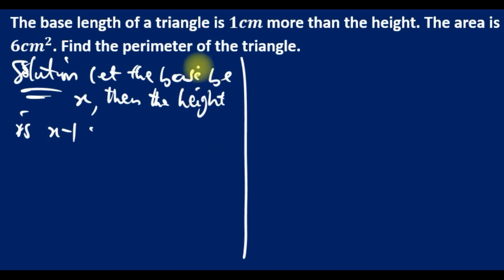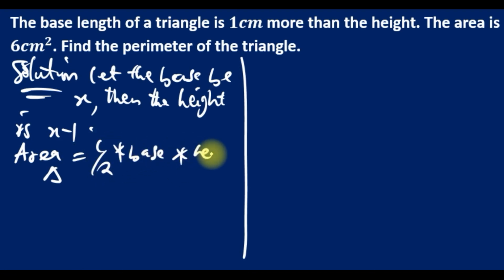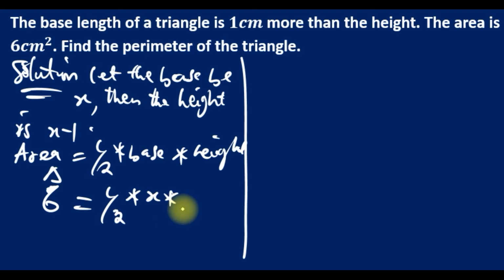Remember, the area of a triangle is half base times height. So we substitute. They gave us the area is 6, half, the base is x, the height is x minus 1.